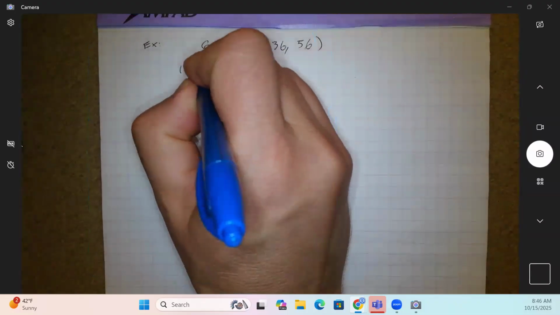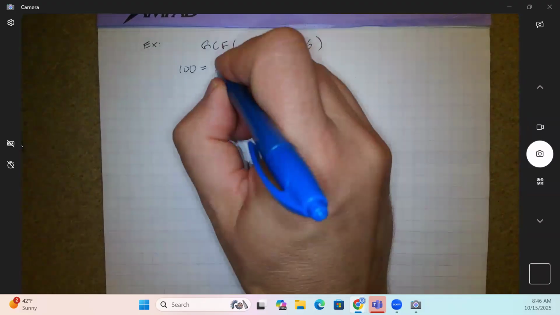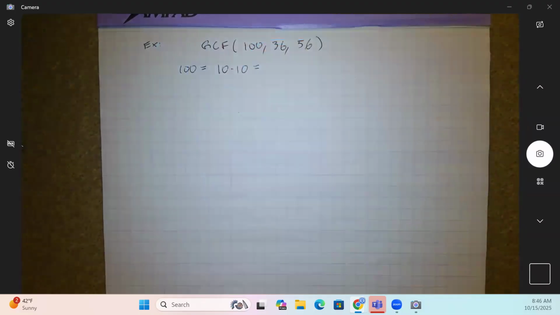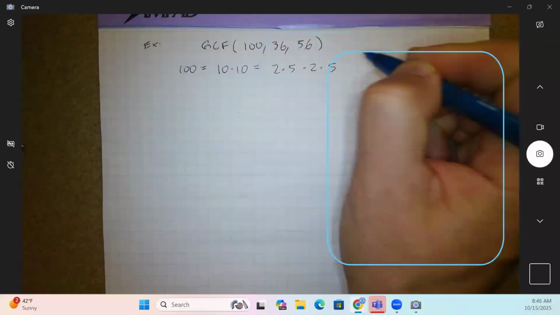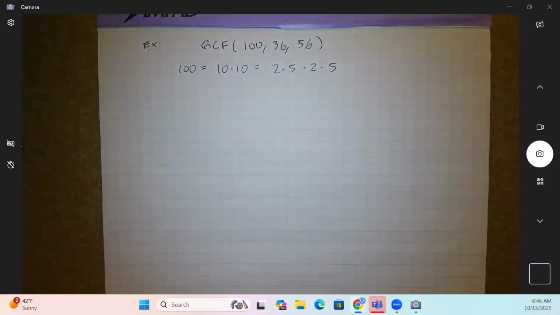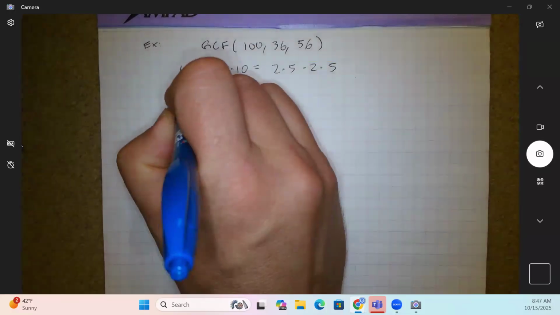So 100, I know it's even, but I also know it's 10 times 10. So you don't always have to break it down in a specific way. And I know 10 is 2 times 5. So I have a 2 times 5 times a 2 times 5. Doesn't matter that it's not in order. And we did 36.